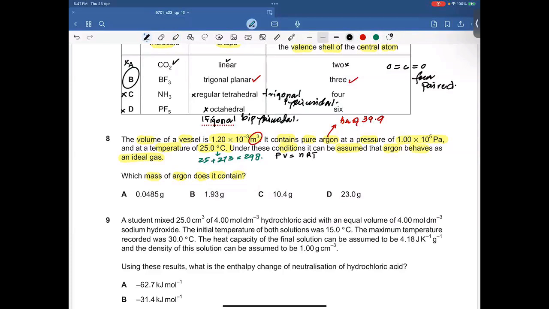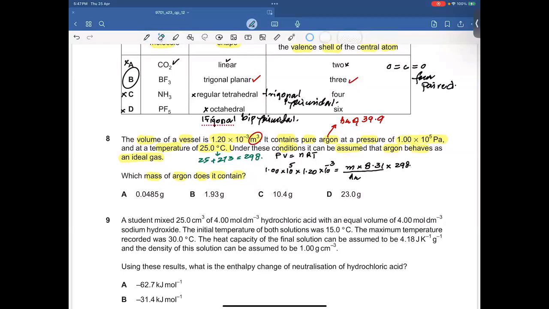Pressure is given, which is 1.00 into 10 to the power 5 Pascal. Volume is also given, which is 1.20 into 10 to the power minus 3 equals moles. Moles is always basically mass upon AR. And this is going to be R. R is 8.31. Temperature is 298.